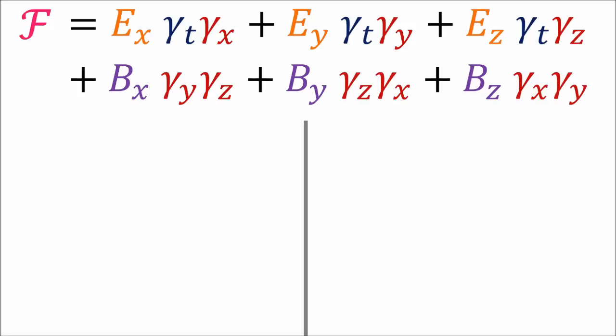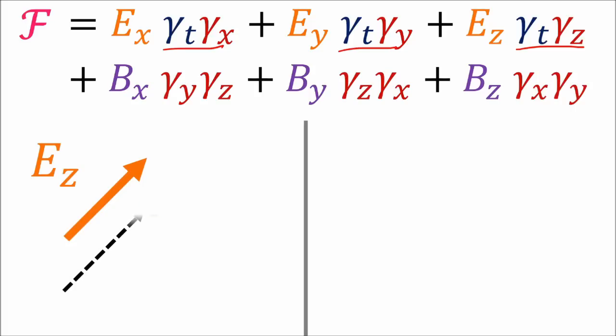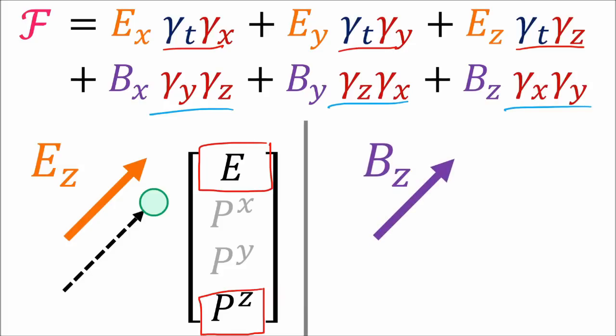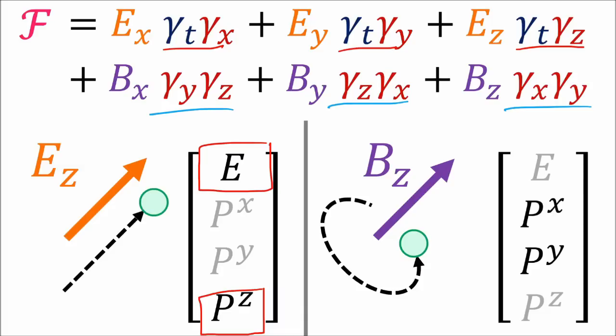The bivectors that include one time direction and one space direction correspond to the electric field E, since the electric field can linearly accelerate charged particles, thereby giving it more energy and more momentum. The bivectors made of 2 space directions correspond to the magnetic field B, since they can cause a charged particle to circle using centripetal acceleration, which exchanges 2 of the momentum directions but doesn't change the energy.